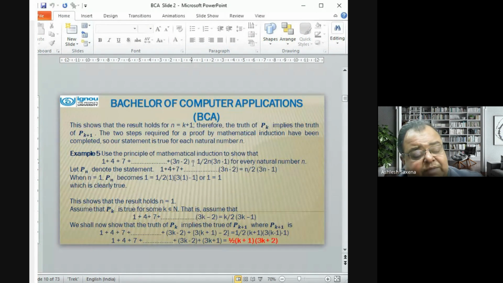So you have to replace k by k plus 1. What will you do? This much is there. Here you can see this much is there, plus 3 into k plus 1 minus 2, bracket close, is equal to, on the right hand side, 1 by 2 into k plus 1 into 3 into k plus 1 minus 1.